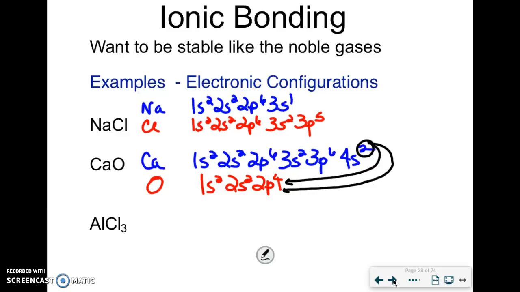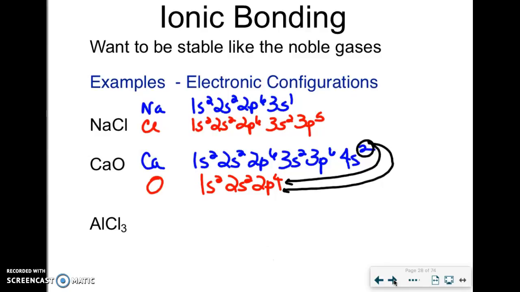Calcium now has the electron configuration of stable argon, ending in 3p6, and oxygen will have the electron configuration of neon, okay? Notice that calcium oxide combines in a 1-to-1 ratio. That's because electronically, 2 electrons are lost by calcium, 2 electrons are gained by oxygen.